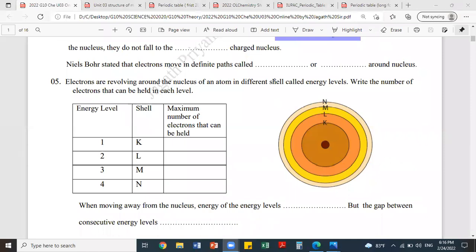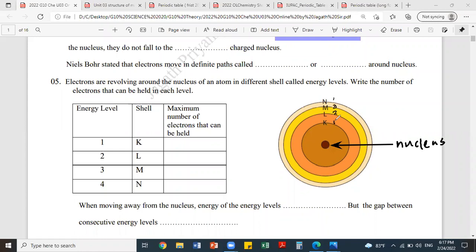So for any atom, if you can label this diagram in your theory notebook, this is called the nucleus. And you can label first, second, third and fourth energy level.